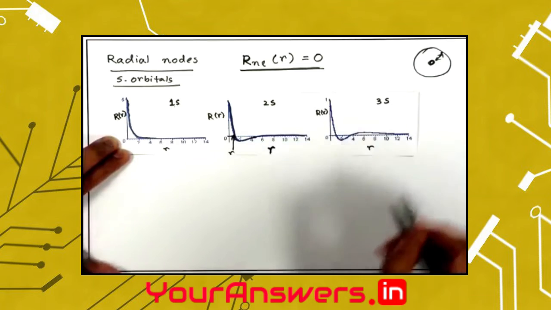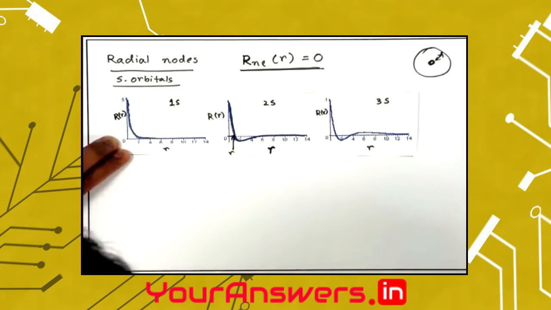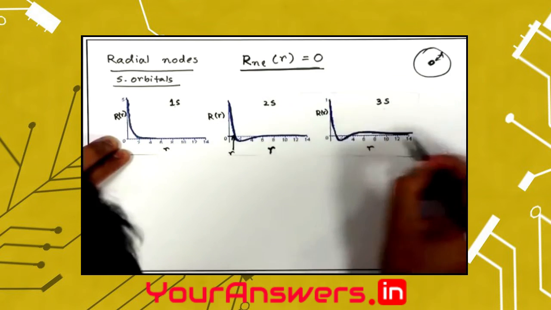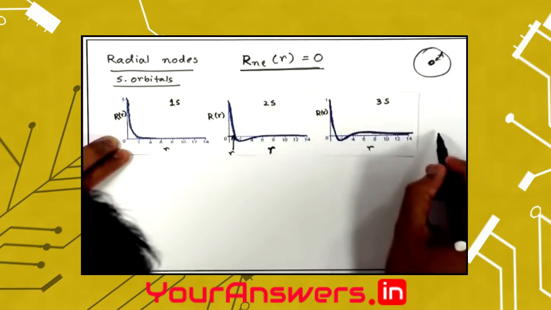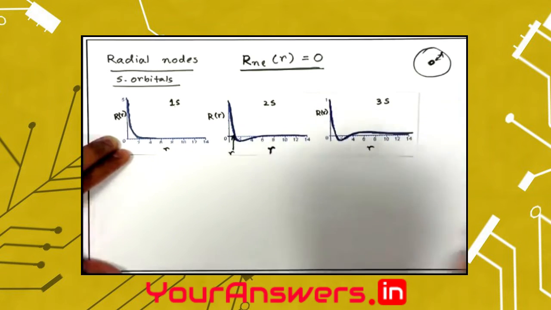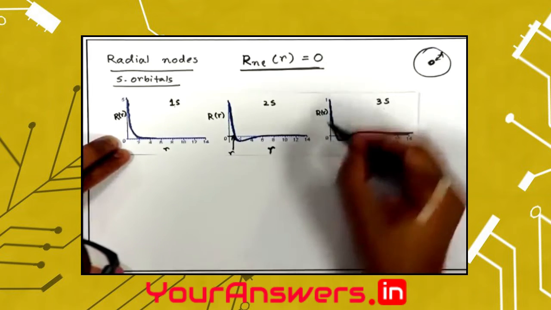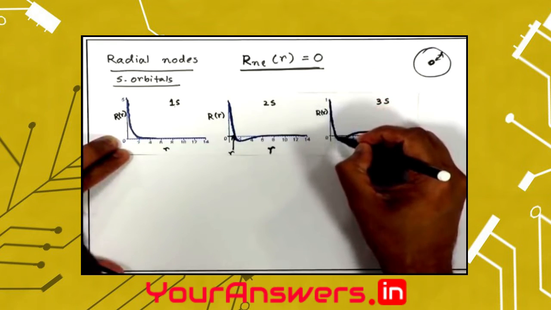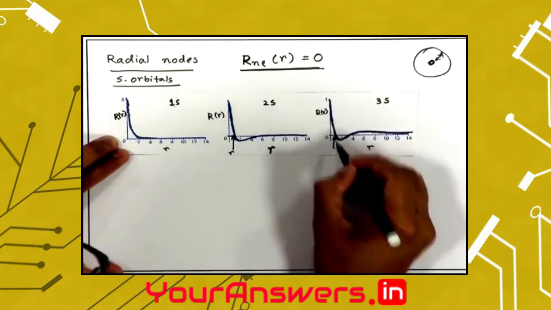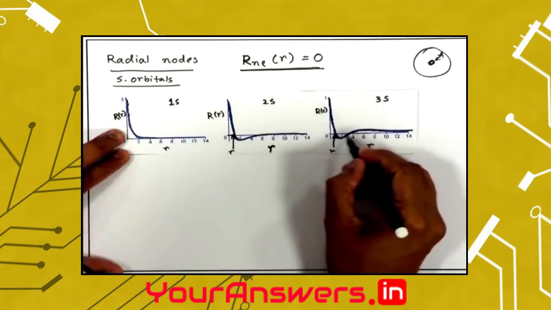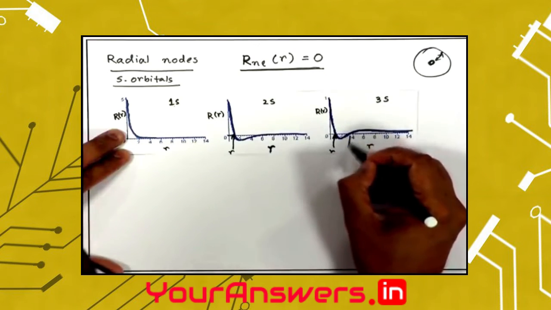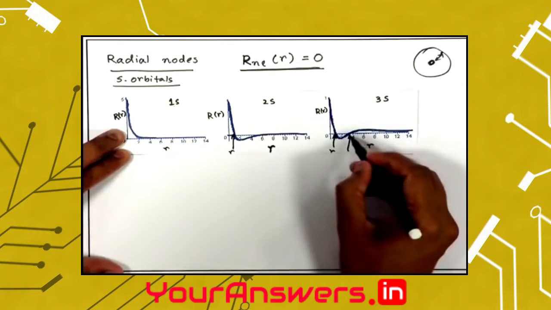When I look at the 3s orbital, this gives an interesting picture. Let me retrace this curve. When I am drawing this asymptotic region at very large values of r, I am not making it 0; they do not exactly become 0, they just tend to go to 0, very slowly decaying. So, I see again there is a sharp decrease in the wave function, and therefore the probability, as r goes on, but at one value of r there appears a radial node, and then again the wave function is non-zero, so the probability is finite, and at one more value of r, the probability is again 0.